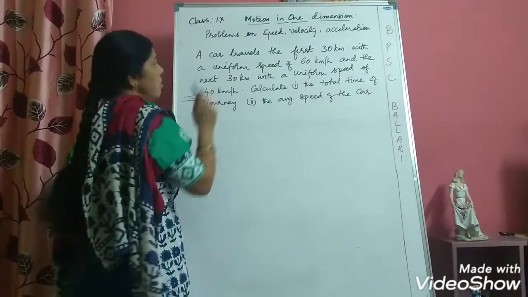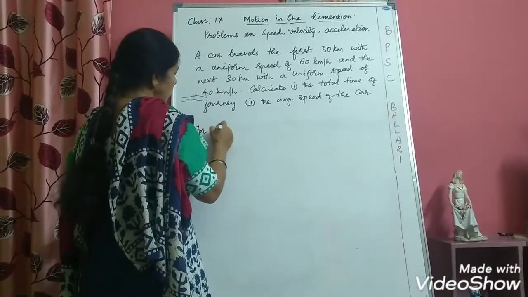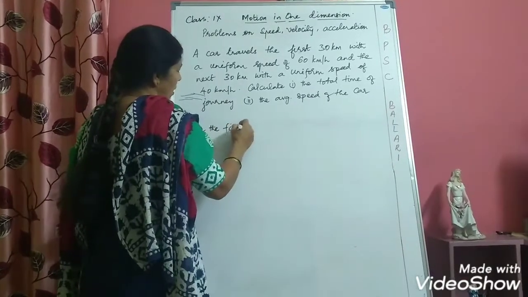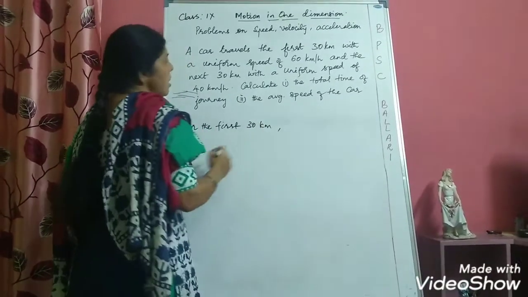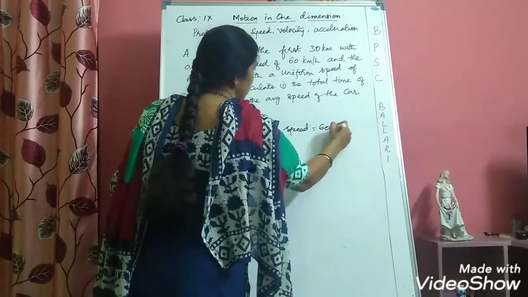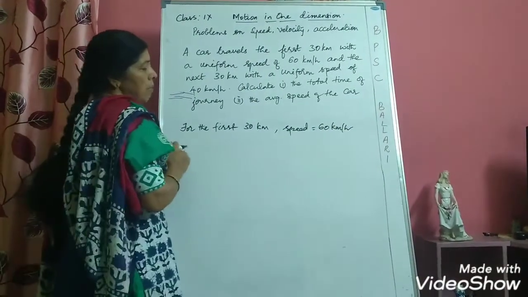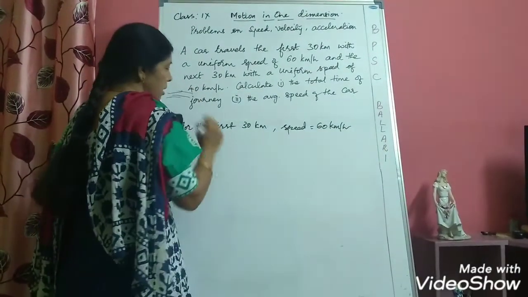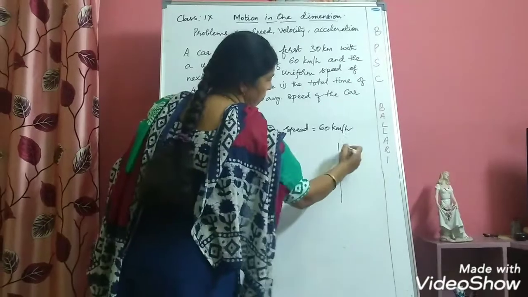Now, first, what we have to take for the first 30 kilometer. For the first 30 kilometer, what is the speed? Speed is equal to 60 kilometer per hour. Now, here what is the time taken? Now we know that speed is equal to distance by time.